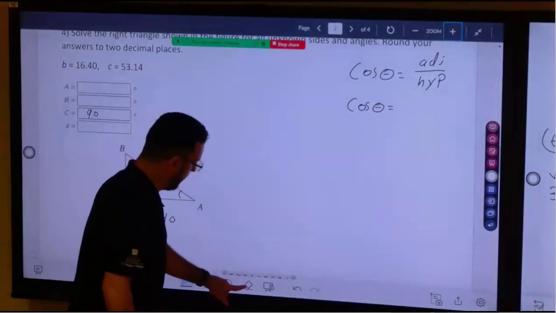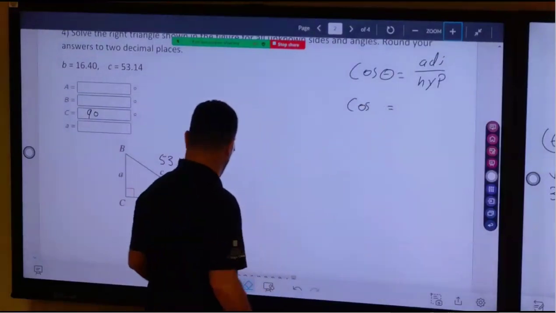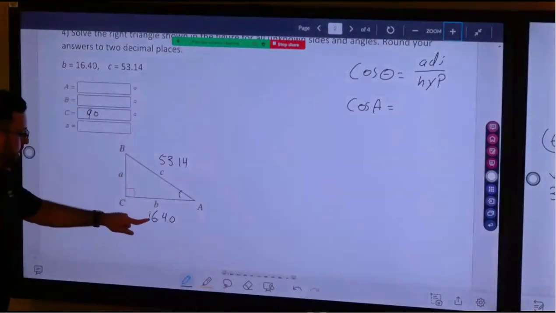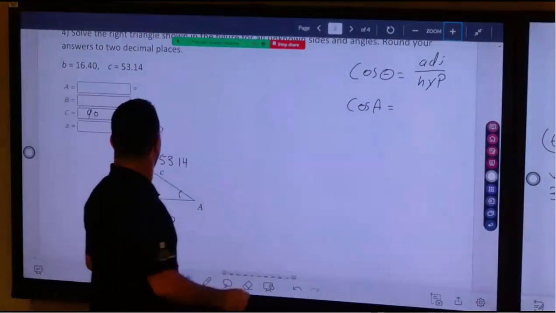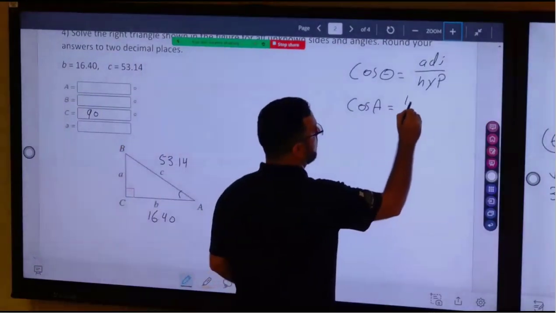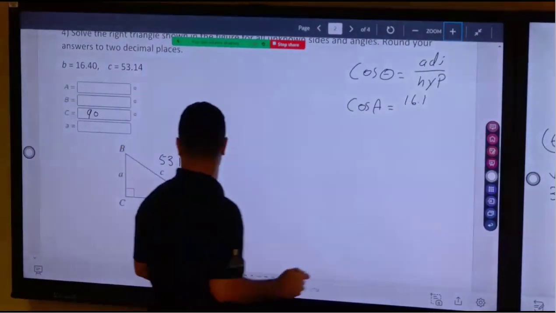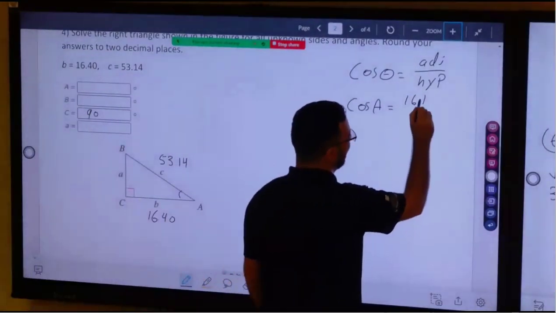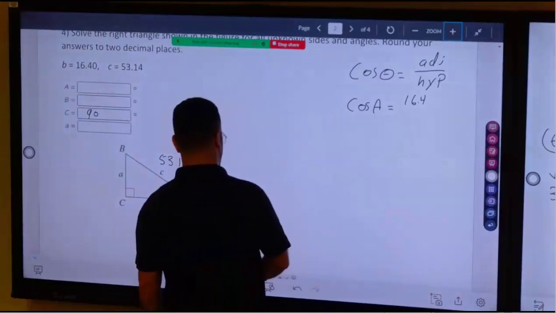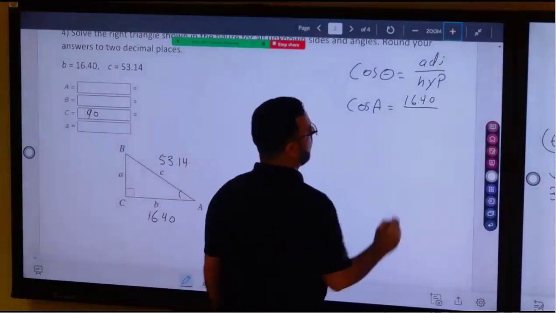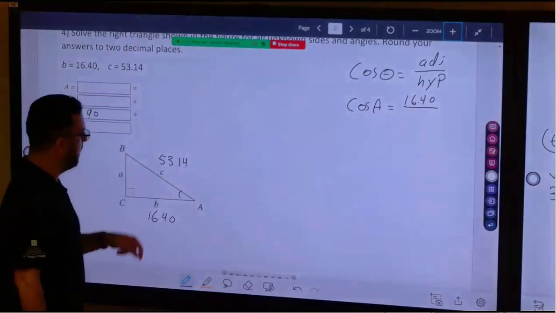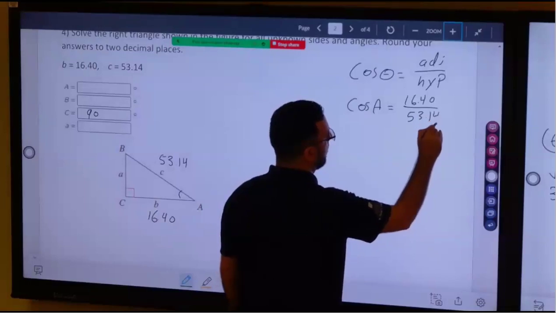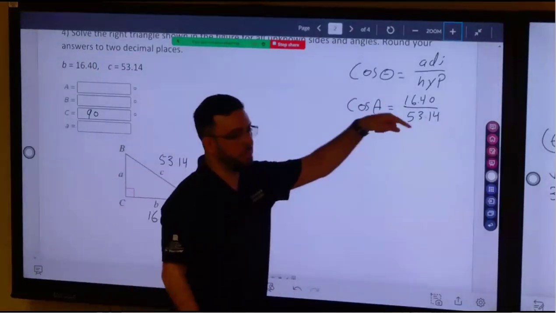Cosine of A equals the adjacent, 16.40, over the hypotenuse, 53.14. Now, here's the thing: divide these two numbers.